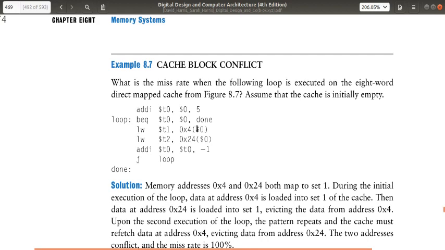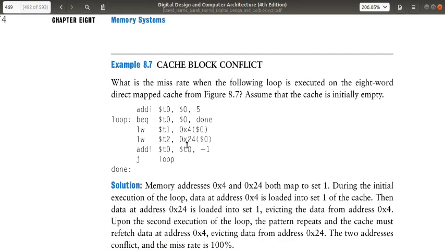Only 2 are there, right? Load word and another load word. The memory locations to be accessed are 0x4 and 0x24. And there are 5 loops. So 2 memory accesses per loop and 5 loops, a total of 10 accesses.